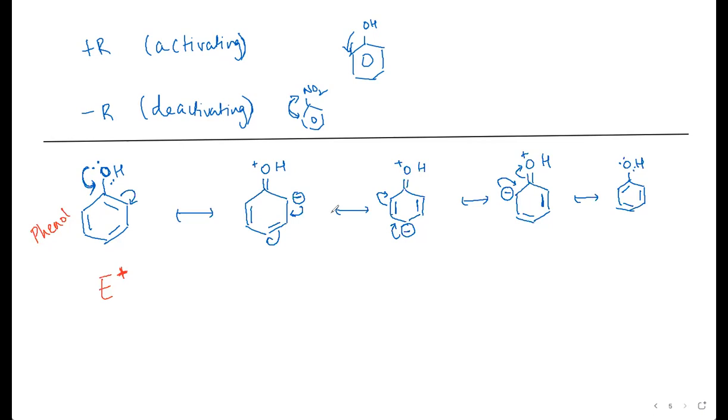Yeah, where is the electrophile going to want to attack? Where are the electron rich areas? Yeah, ortho is 1 and 2. Ortho, and 1 and 4, para.